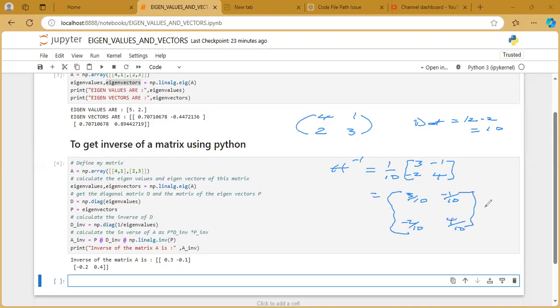If you evaluate this out, this is 0.3, minus 0.1, minus 0.2, and lastly 0.4. Of course, you can see that is exactly what we have here. It corresponds to the inverse we've gotten here.